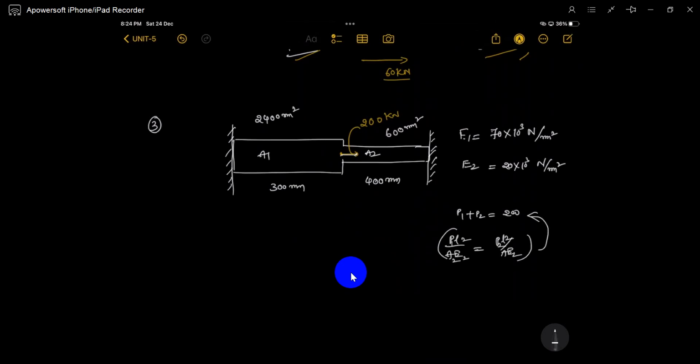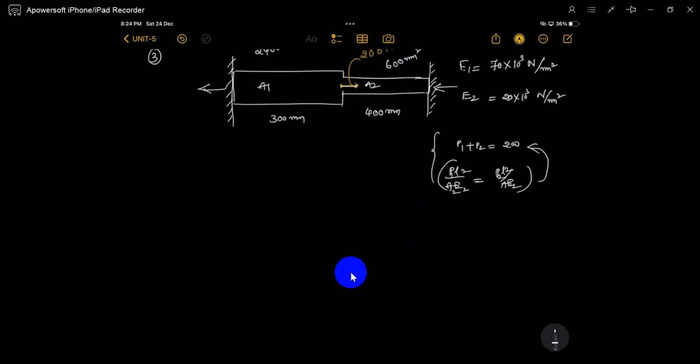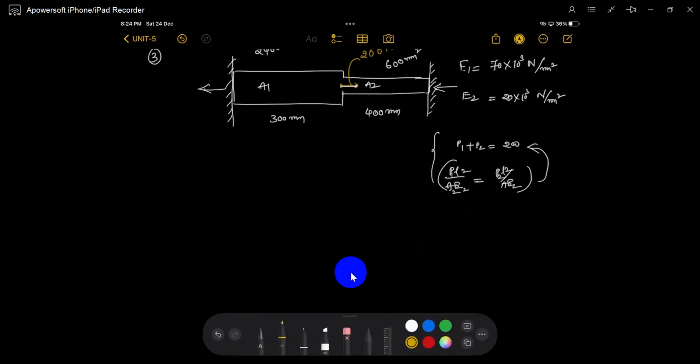You can get what P1 and P2 are. So P1 is exactly this, P2 is exactly this. The second element is in compression, the first element is in tension. You can directly see it from the image, and you can solve these two equations by strength of materials. But now in finite element analysis we will see it. Once again I will write it: node displacement 1, node 2, node 3, element 1, element 2.